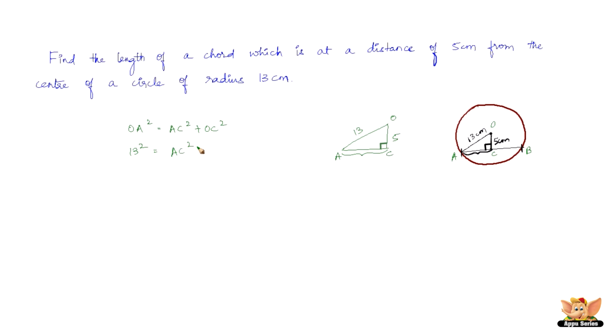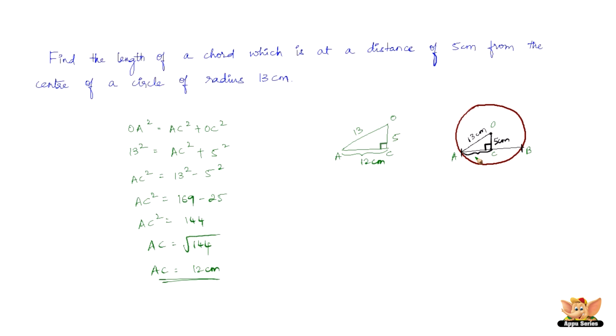AC square is what we have to find. OC square is 5 square. So AC square is nothing but 13 square minus 5 square. 13 square is 169, 5 square is 25. So AC square equals 144. AC equals square root of 144, or AC equals 12 centimeters.